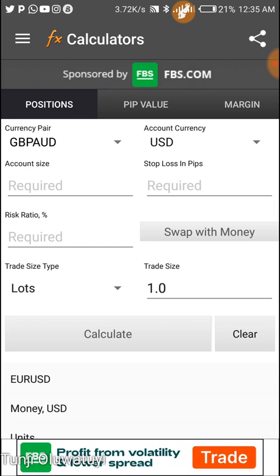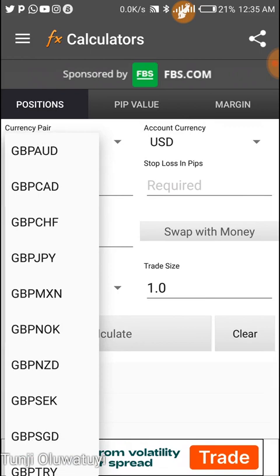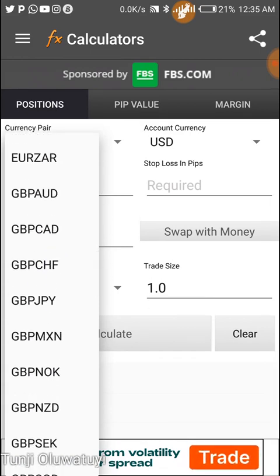All you have to do is take up your phone and launch MyFXBook. Go to calculator, and the first thing here is position. In this drop down, that is where you change to whatever pair you want to trade, that you want to find position for.